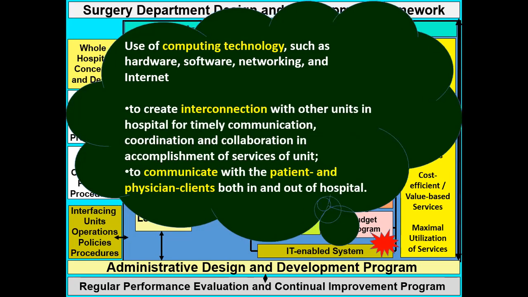Number 3, to create interconnection with other units in the hospital for timely communication, coordination, and collaboration in the accomplishment of the services of the unit. And number 4, to communicate with the patient and physician clients both in and out of the hospital.